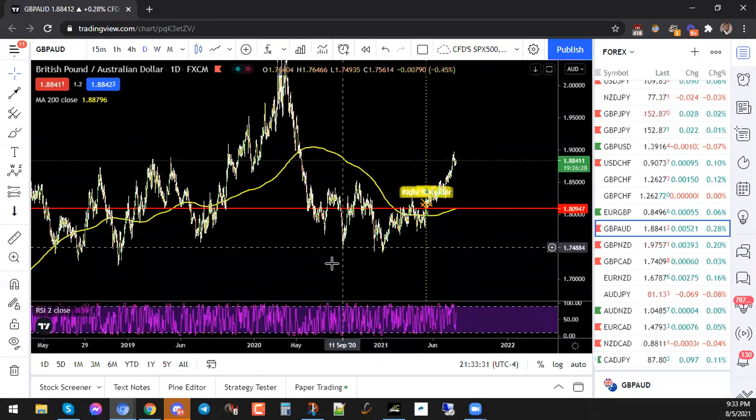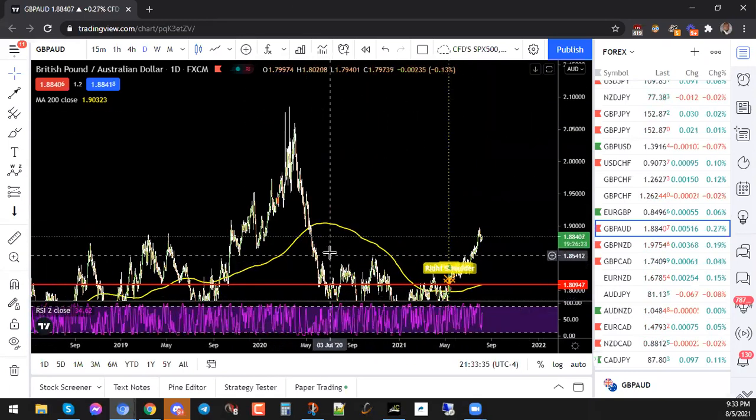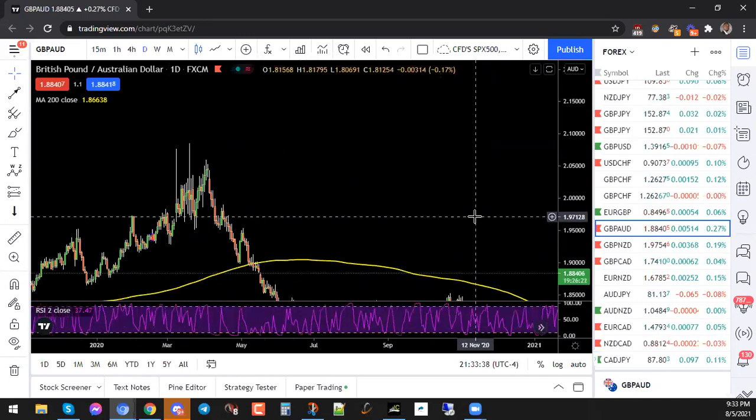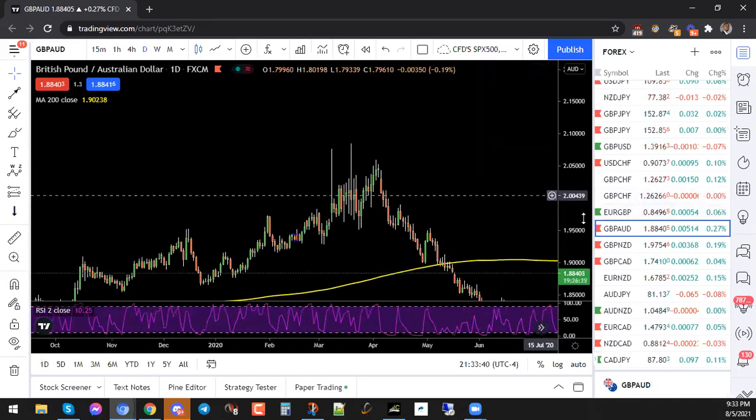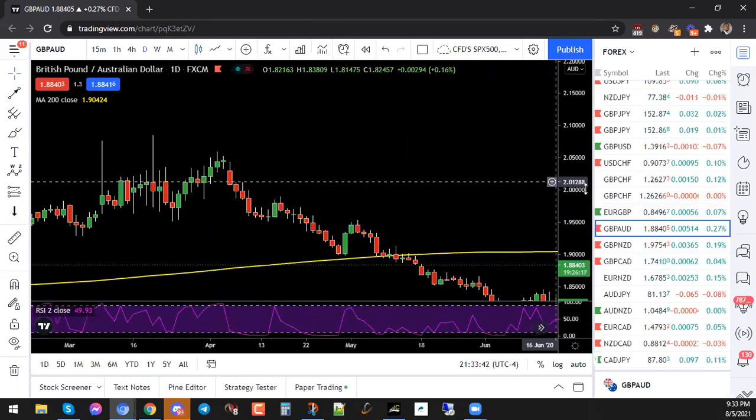So whatever we're getting here is all going to be correction. So we have a strong move down. Just trying to see what I'm looking at here.